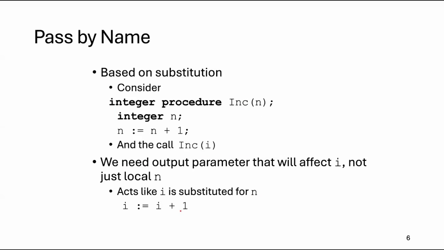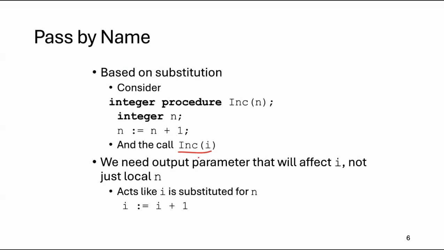That brings us to pass by name. Pass by name is based on substitution. Consider the increment procedure we have here. It takes an integer variable n and increments that variable. What happens when we call increment I? We send I here as an output parameter that will affect I, not just a local n.